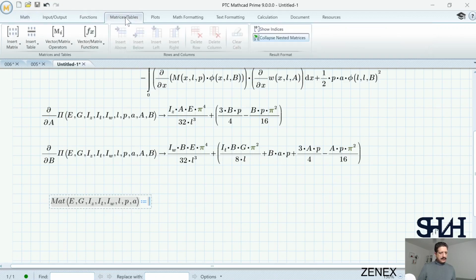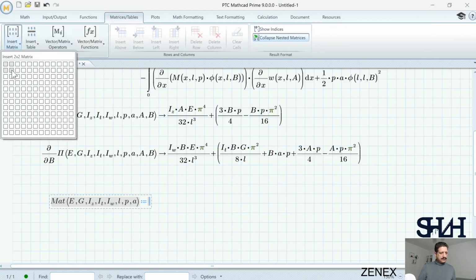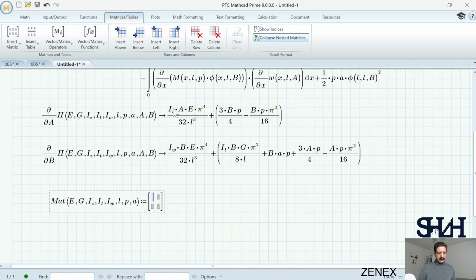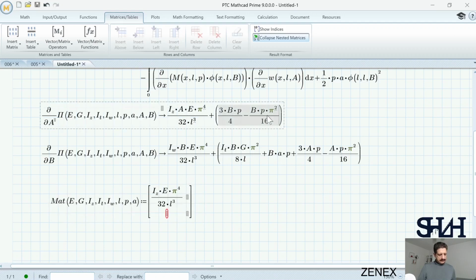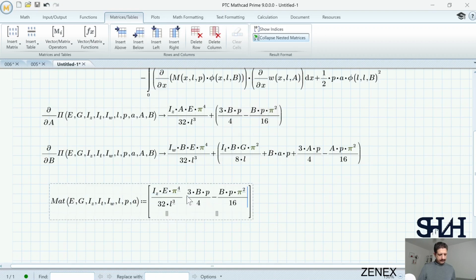So it's a matrix with the degree of 2, and here is the a parameter, and this is for b. The same for a, here 3 over 4 P and minus P pi squared divided by 16.